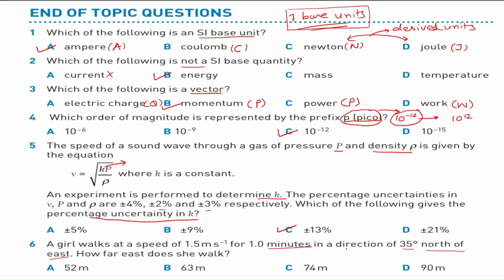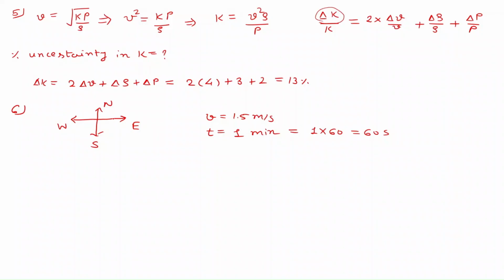Now read the question: in the direction of 35 degrees north of east. What does it mean? It means you walk in the northeast direction. This is, you can say, the displacement vector.